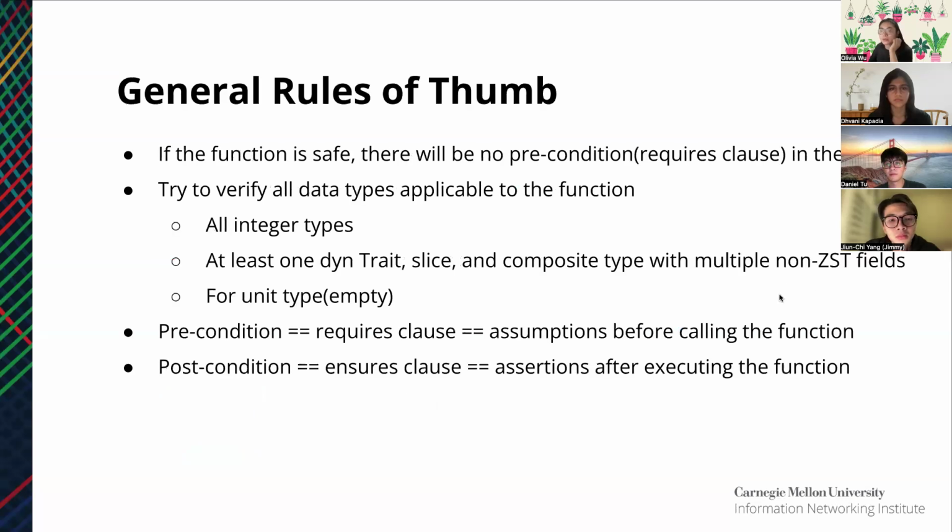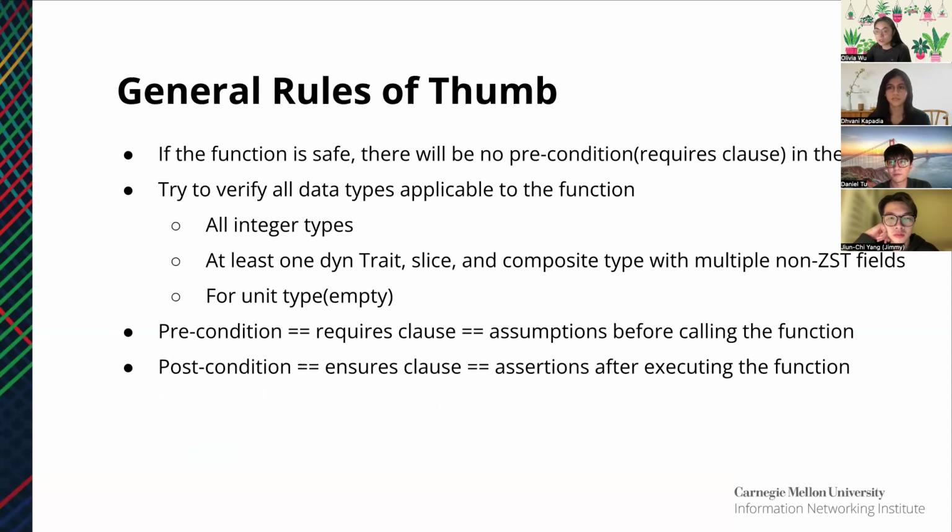So the general rules of thumb of writing contracts and harnesses that we want to capture on a high level here is that if the function is marked safe, then there will generally be no precondition required in the contract, meaning there's no assumptions needed. However, I also want to mention that postconditions, which are the ensure clauses, are assertions made after executing the function.